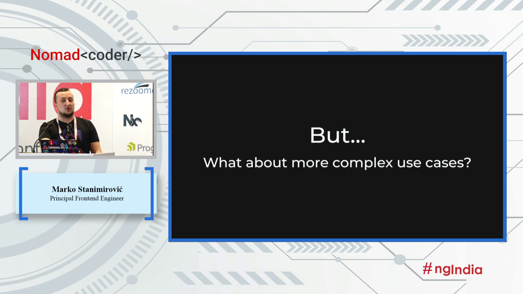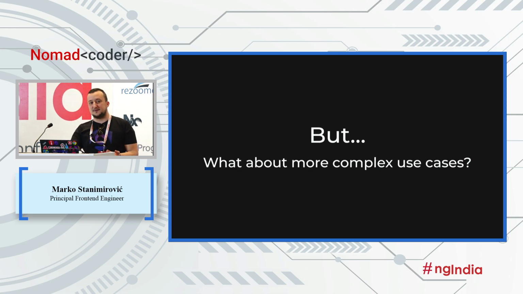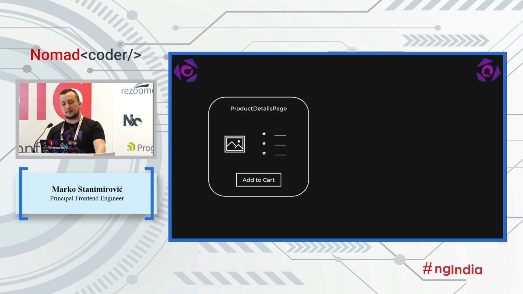But the question is, what about more complex use cases? What about use cases where Flux pattern excels? Let's imagine the following example. Let's say we have some product details page where we are displaying data about some product, and there is an add to cart button. When we click this button, we want to do several things.